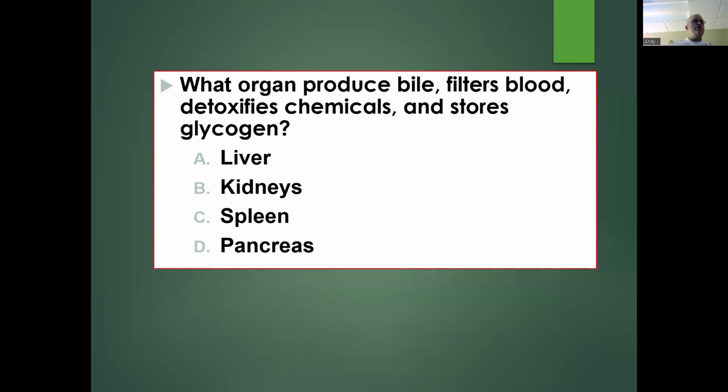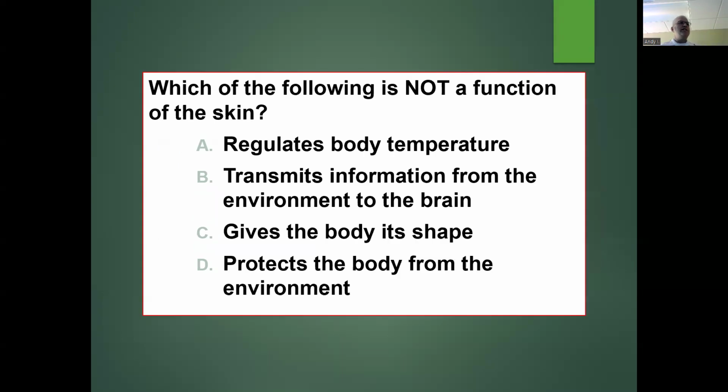What organ produces bile, filters blood, detoxifies chemicals, and stores glycogen? Liver it is. Which of the following is not a function of the skin? Gives the body its shape. The skin's there, but you have your muscles and your bones that are doing that.